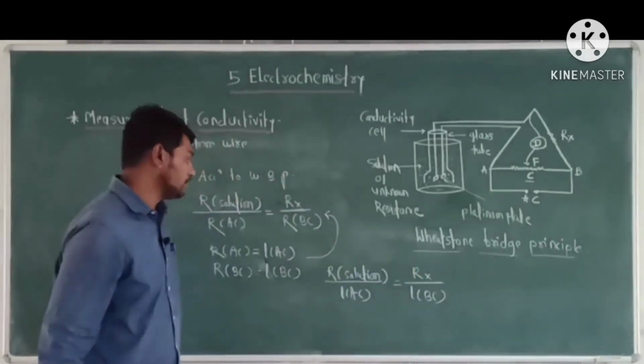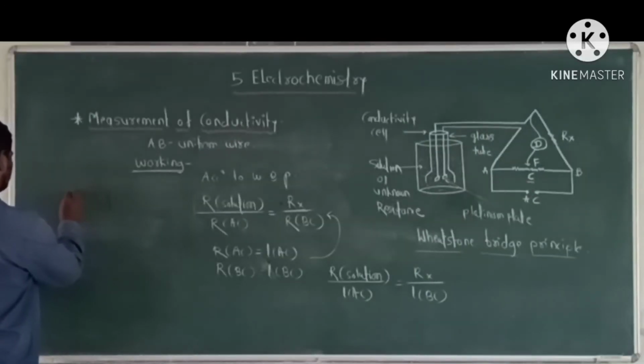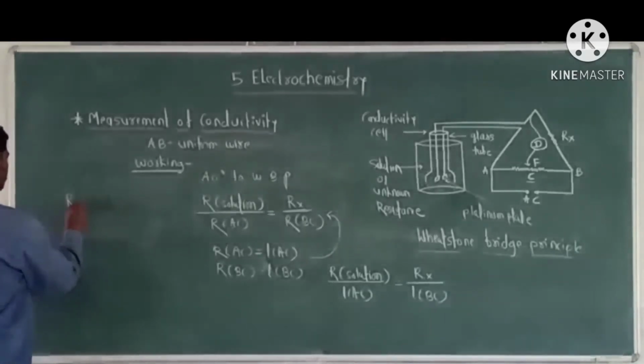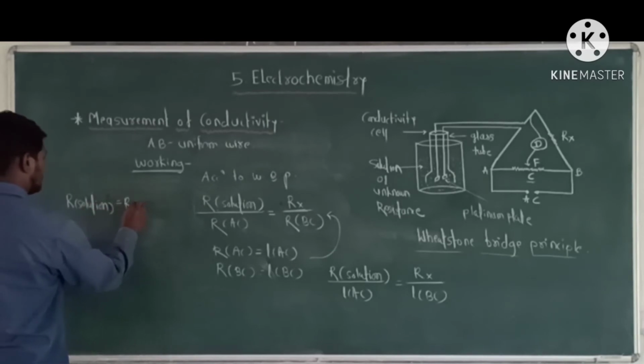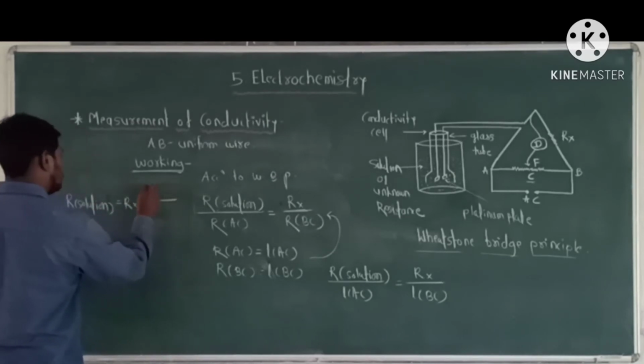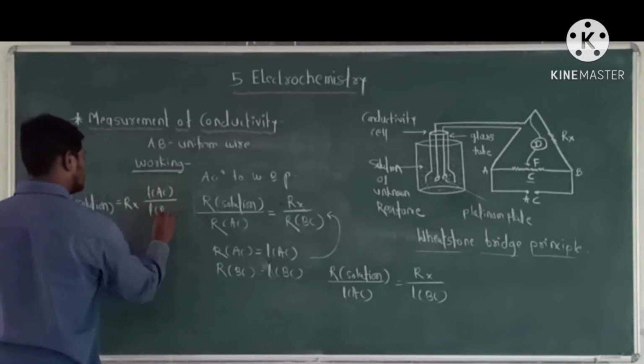Rearranging this equation, we get the next equation: R solution is equal to Rx into length AC upon length BC.